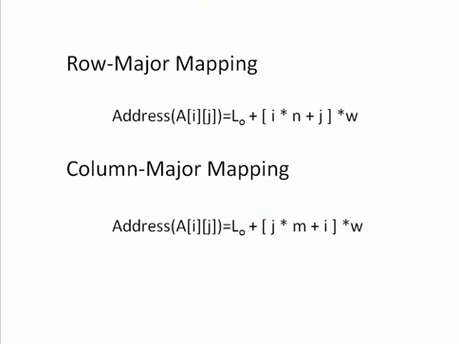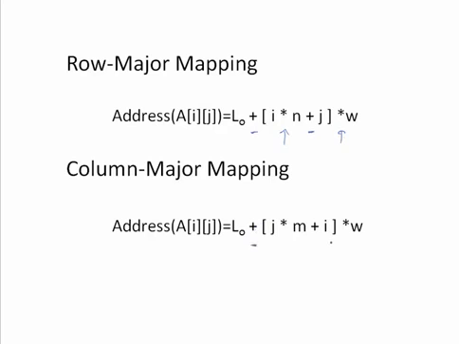Now finally, let us look at the formulas for row major and column major mapping if the array indices are starting from 0 onwards. Both the formulas are given here. L naught plus i into n plus j into w, and here j into m plus i into w. If you see the operations, this has 2 additions and 2 multiplications.